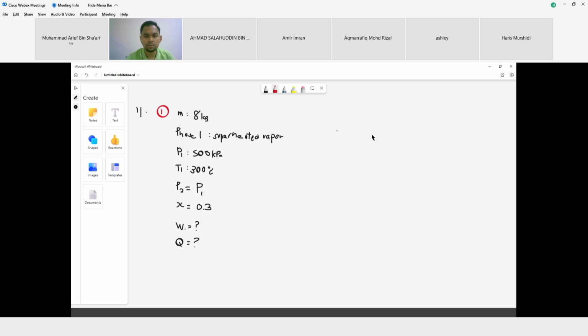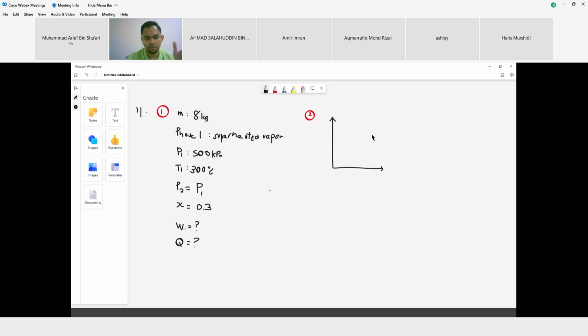Step number 2, draw the PV diagram. From the values or properties given in the question, P and T, both pressure and temperature are given.